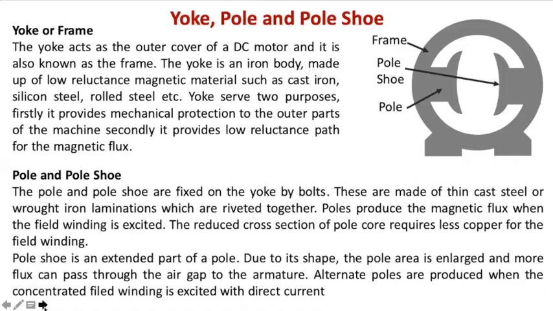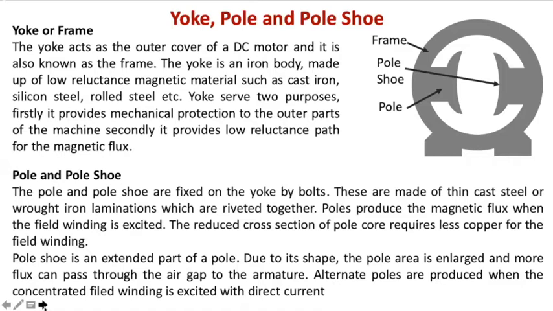So that is meant to house the field windings, and the frame gives the pole shoe, basically we call it, and that gives an enlarged area for the flux to pass uniformly through the air gap. The alternate poles are produced when the concentrated field winding is excited with direct current.